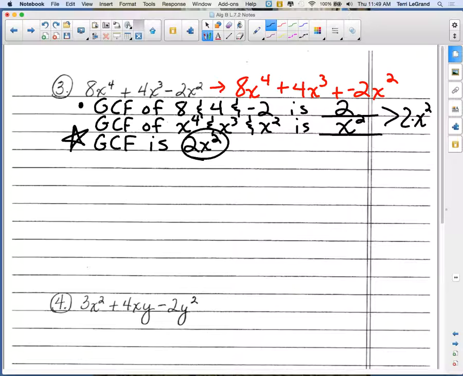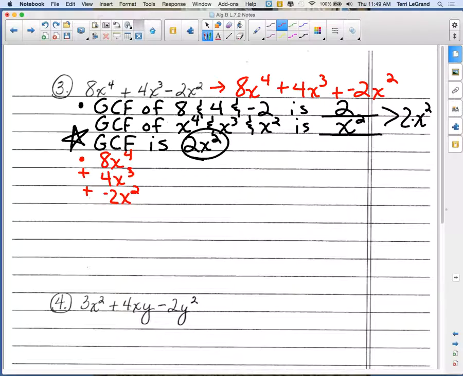Then we move on to dividing now. So we have to take our 8x to the 4th, and I think the best thing to do is just write them down like this. 8x to the 4th plus 4x cubed plus negative 2x squared. So we just take our polynomial and write it down vertically, basically.